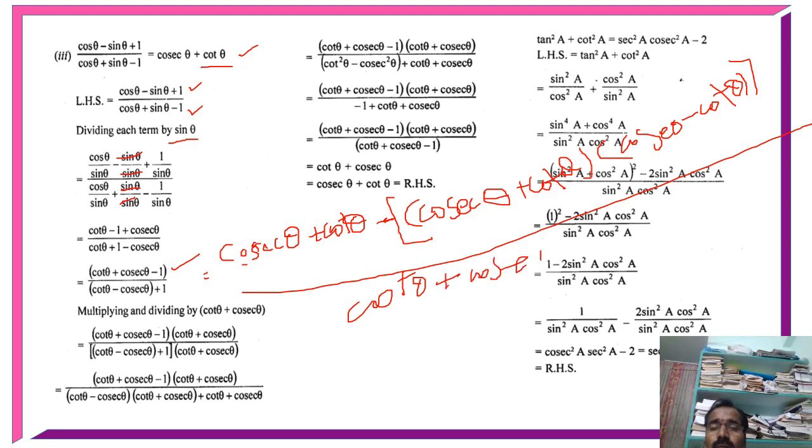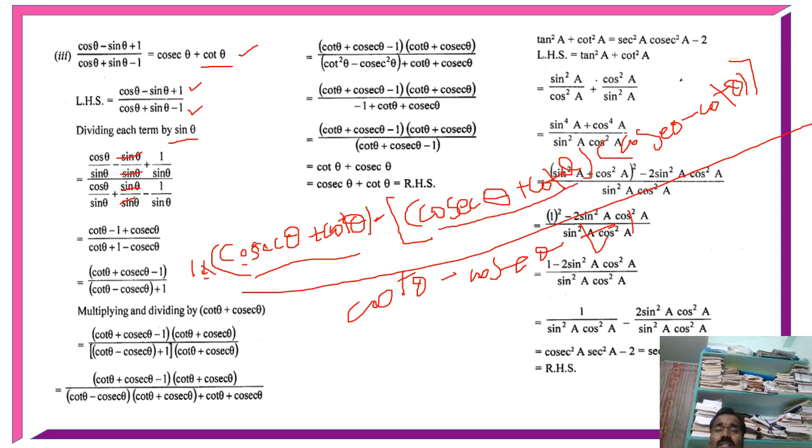The denominator is cot theta minus cosecant theta plus 1. Here it is minus, students. If you observe, here we have cosecant theta plus cot theta, and for our convenience let me write 1 into cosecant theta plus cot theta.